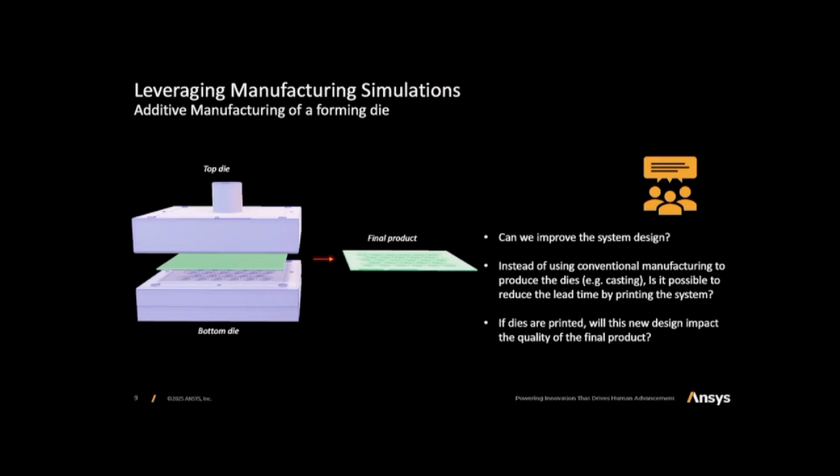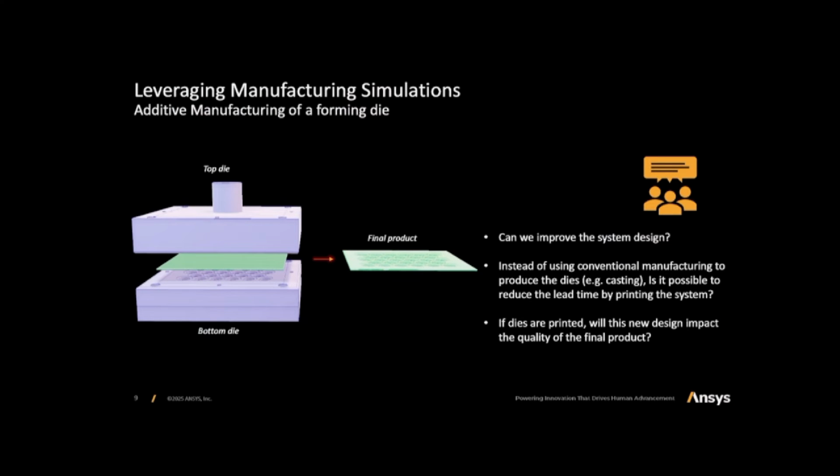I was talking with a German auto OEM company earlier this week, and they were talking about how the optimization of their car designs is oftentimes offset by the cost of having to retool their factories, right?